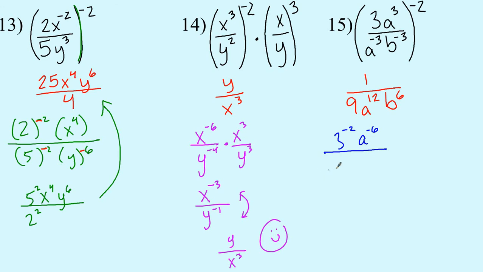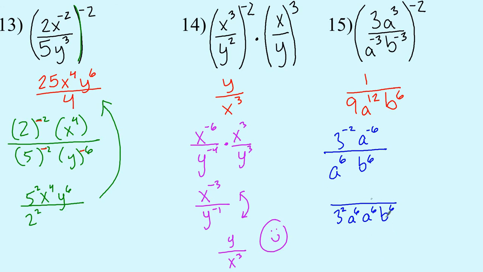All right, then we have a negative 2, so a to the, I'm sorry, 6th power and b to the 6th power. All right, move our negative exponents down. So we get 3 squared, a to the 6th, a to the 6th, b to the 6th. We moved everything down to the bottom. And then I get this.